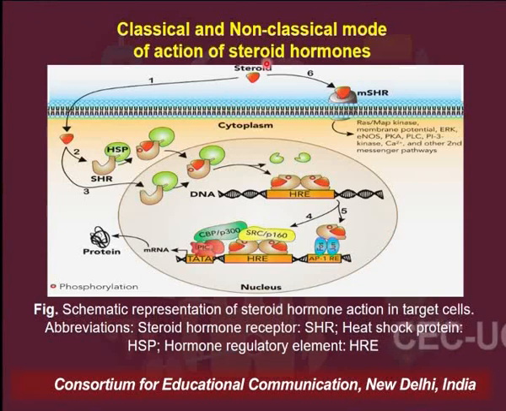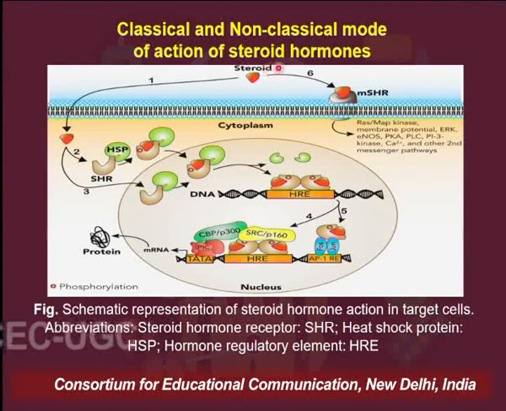But what happens in the non-classical mode of action is that these steroid hormone receptors are found to be present on the membrane also. So here you can see that small m is representing membrane. So this is a membrane steroid hormone receptor.